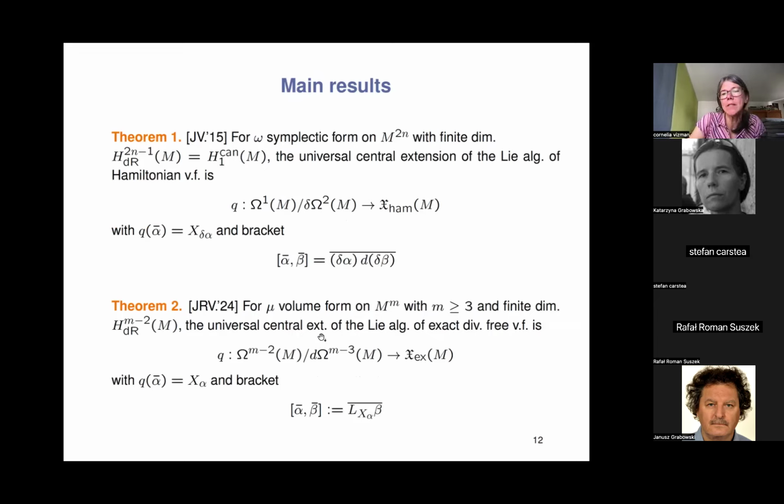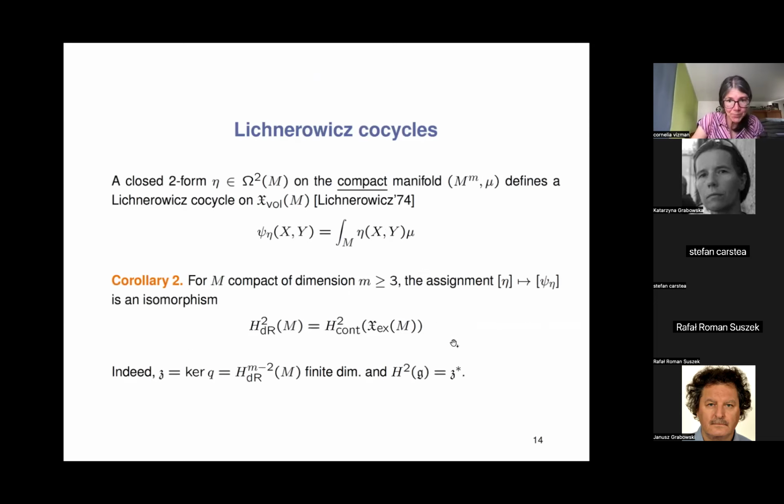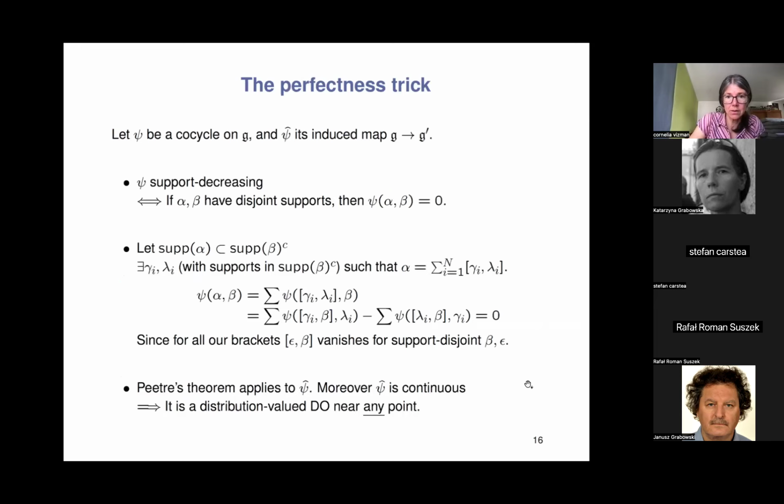So if they have disjoint support, then we get 0. This is what we called the perfectness trick, that allows us to use Peter's theorem and then to really write concretely a differential operator, and then we can work locally, and then we can glue them. And so this is the idea.